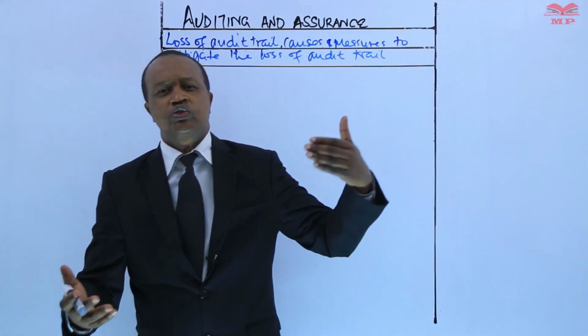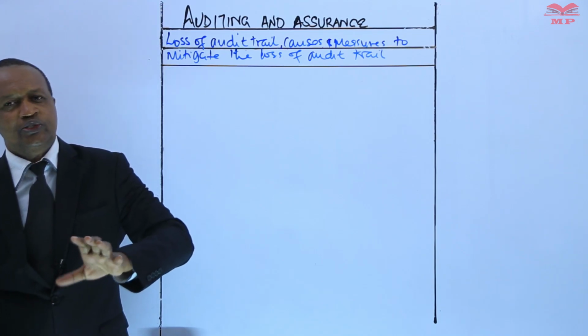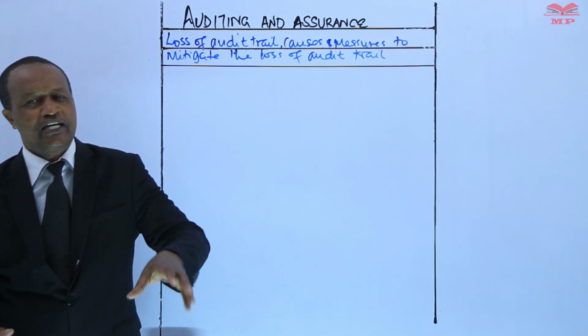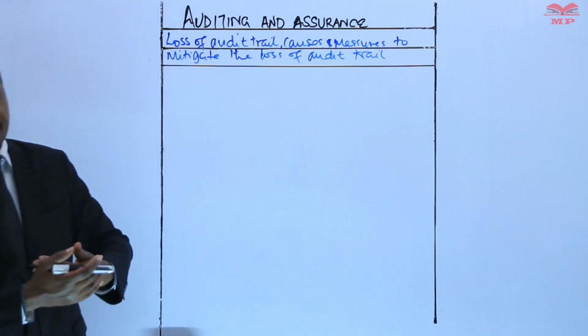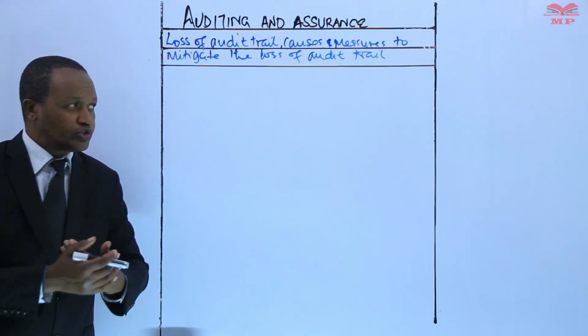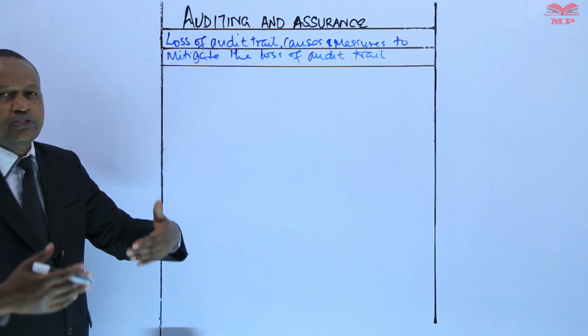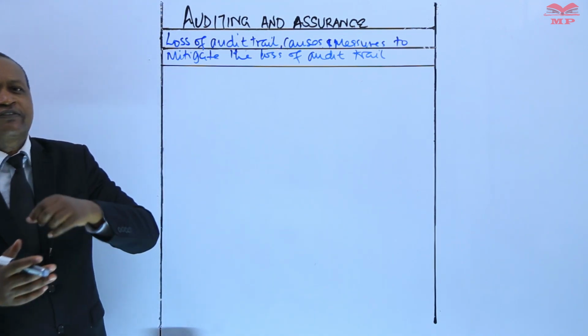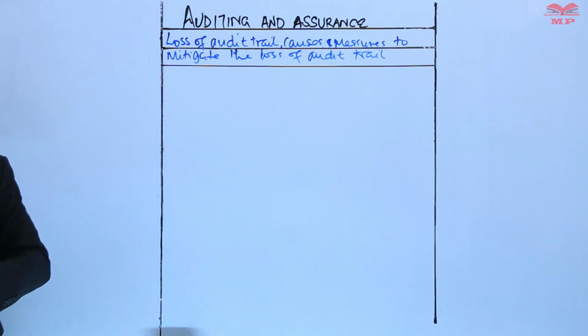It plays a crucial role in maintaining accountability, ensuring data integrity, and facilitating the investigation of errors or fraud. The loss of audit trail severely hinders the objectives of an audit.